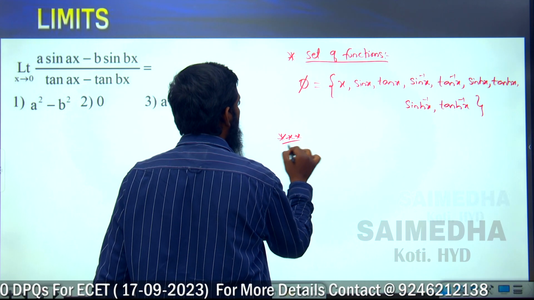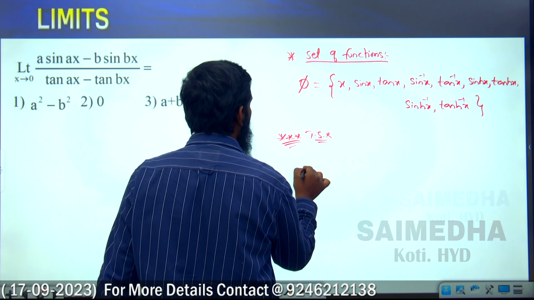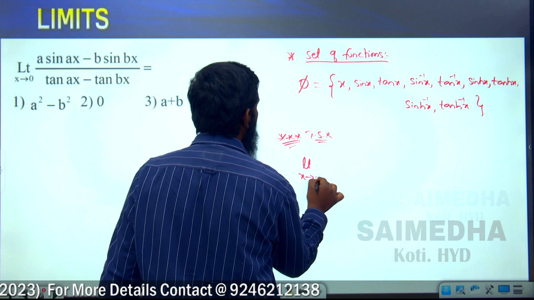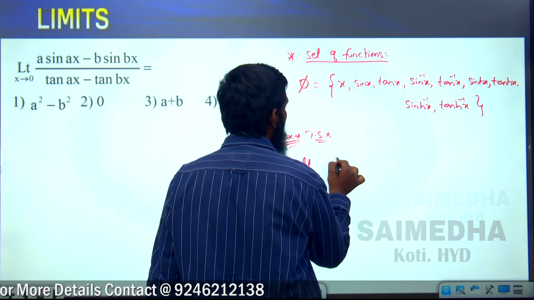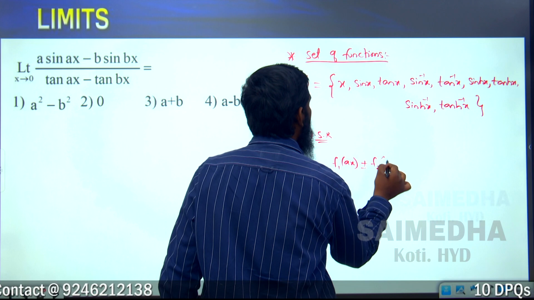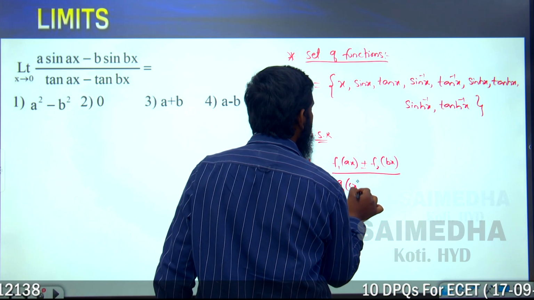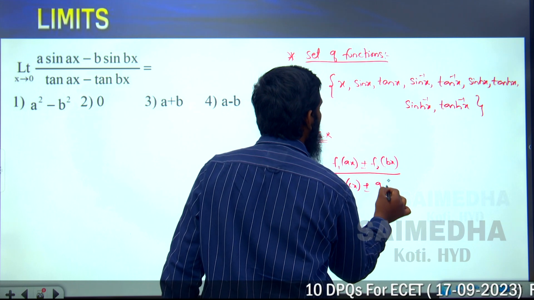For this part we have an interesting trick. We are taking the limit as x tends to 0 of f1 of ax plus or minus f2 of bx, divided by g1 of cx plus or minus g2 of dx.